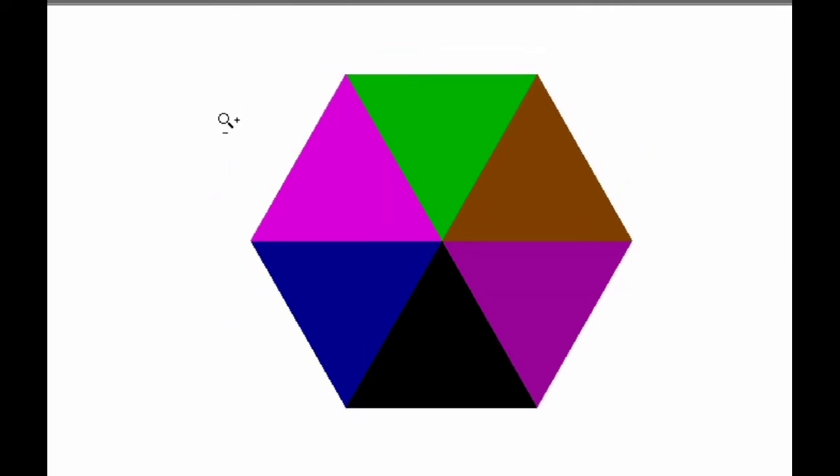And you can have a look at the top view of this hexagonal pyramid. You can see the base edges, the slant edges, which join to the center of the hexagon.